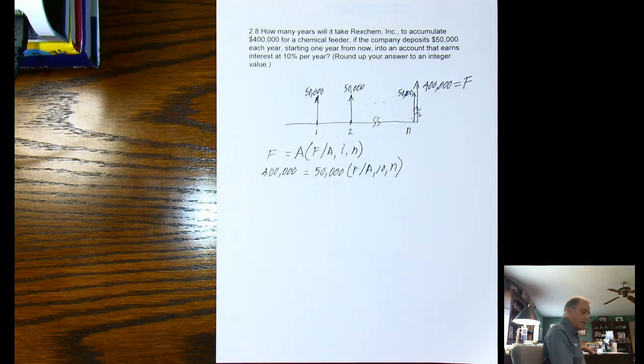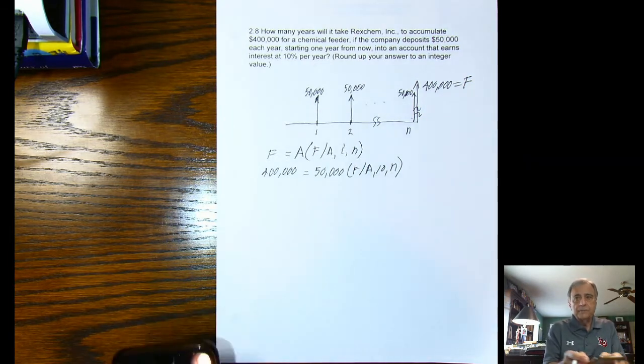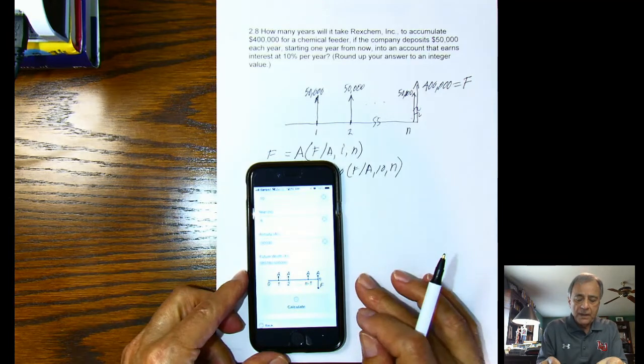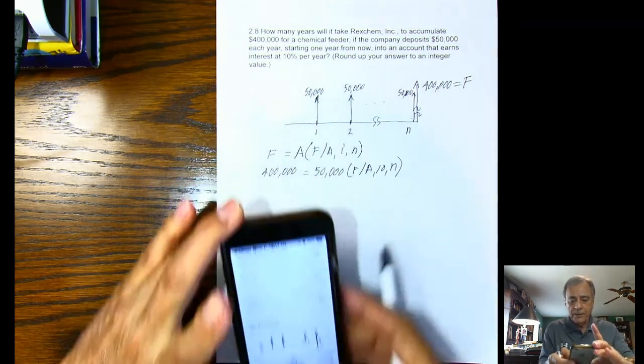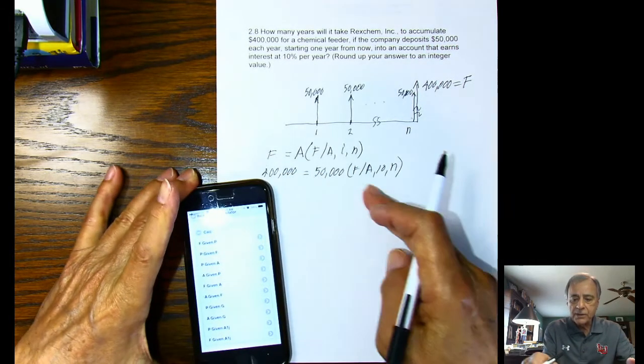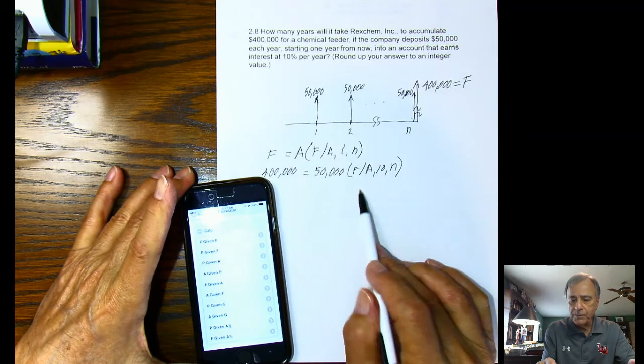So I'm going to open my Engineering Economics Career app, and I've got it open here, and I'm going to go back because this is the formula that I want.